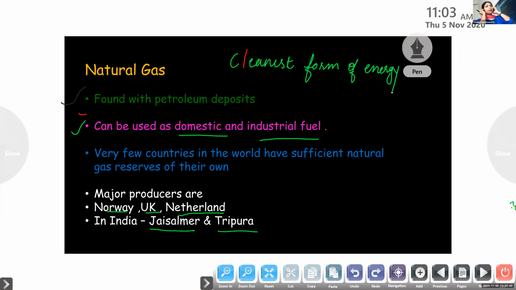When we use natural gas, we don't have much emission of carbon dioxide or carbon. So I told you, mostly European countries are the major producers of natural gas.